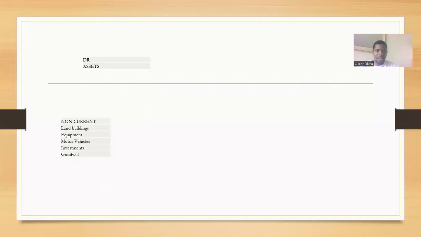So debit assets, these are just examples of non-current assets that you can have in a business. You can have land and buildings, equipment, motor vehicles, investments, and goodwill. All these are non-current assets. Non-current assets are in the business for more than a year. So if you are acquiring assets for the purpose of helping you in running the business, you have no intention of selling these assets.